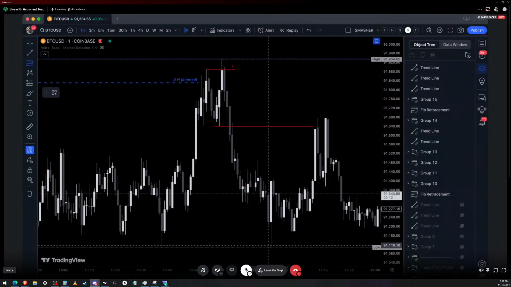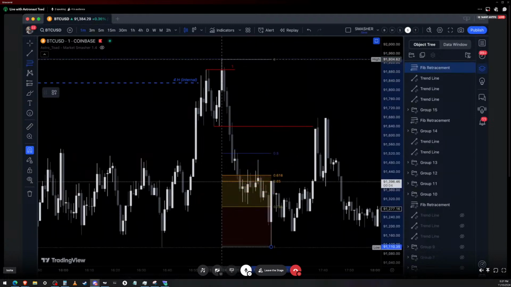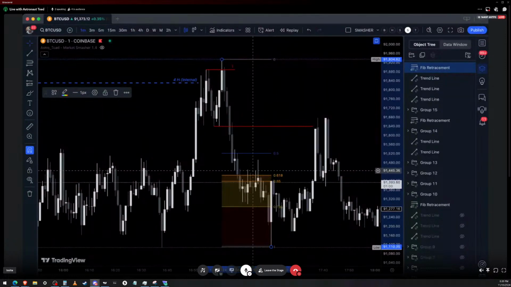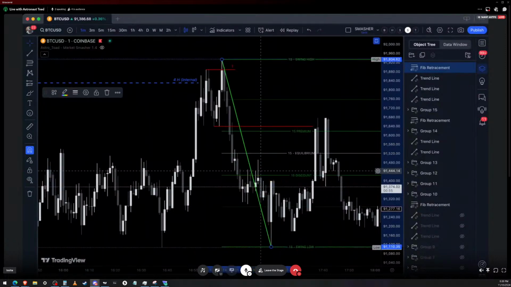The way I use the fib tool for drawing premium and discount is you always have to drag from the bottom up. You start at the low, you drag to the high. Because I don't have these labeled with 0.618 or whatever, I have them labeled manually as, so let's call it range 5 minute.